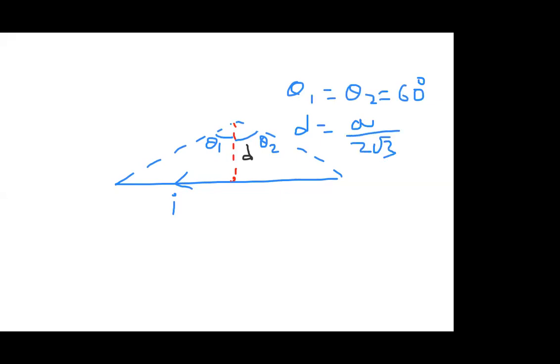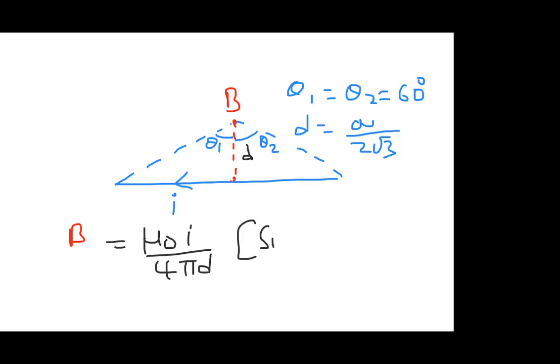Well done. Now what is the formula for the B value at this point? Because of this conductor, B is equal to mu naught I by 4 pi d into sine theta 1 plus sine theta 2.